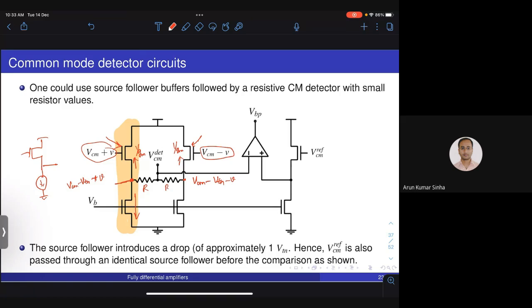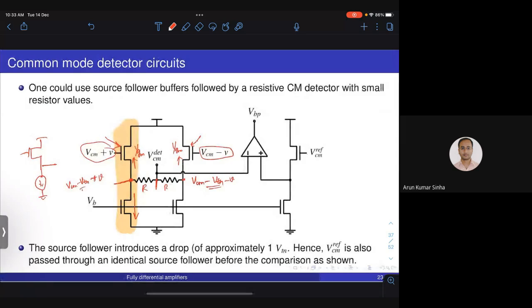So now if you have this source follower buffer, you will have the common mode detected. Because the detected common mode will have a shift of one threshold value, we take the reference common mode and also pass it through a similar source follower buffer, which will give me VCM ref minus VTH. Now I can use the same amplifier to measure the difference between the detected common mode and the reference common mode and drive the feedback loop.